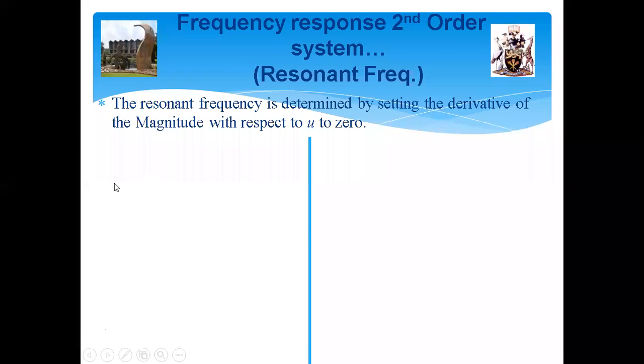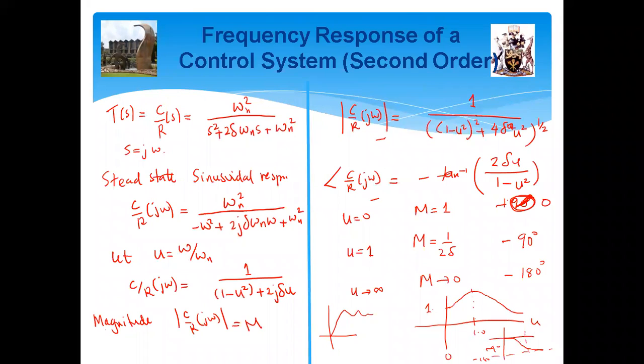So now we are trying to get the resonant frequency specification. Remember our magnitude.